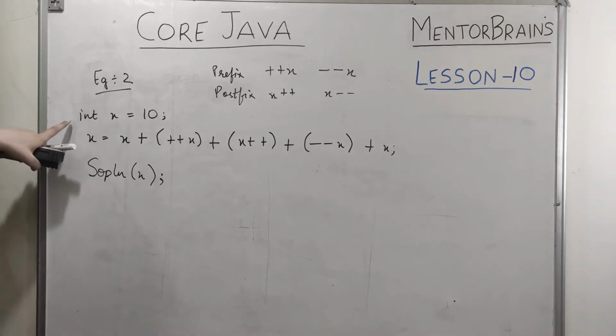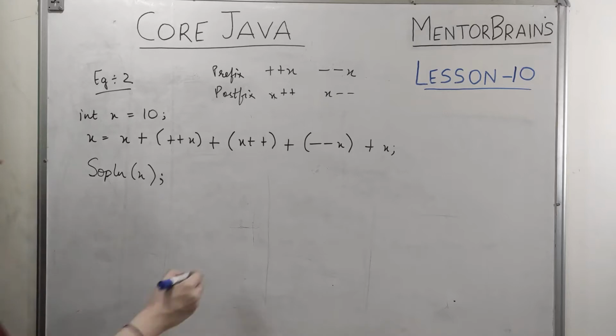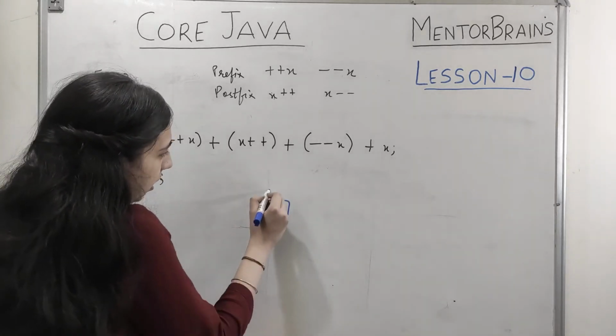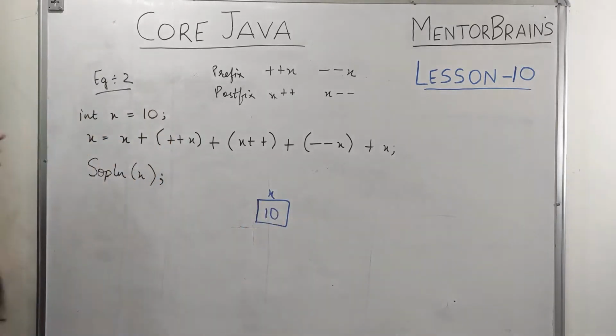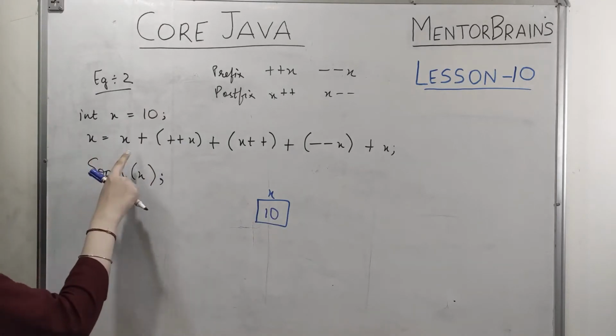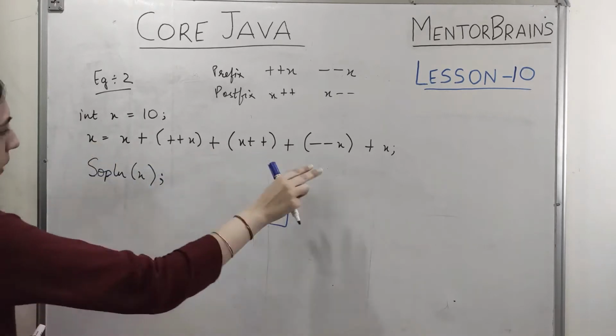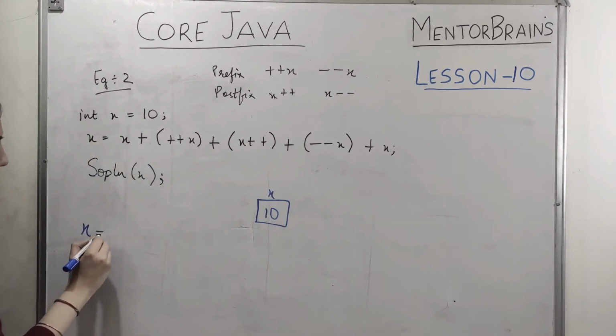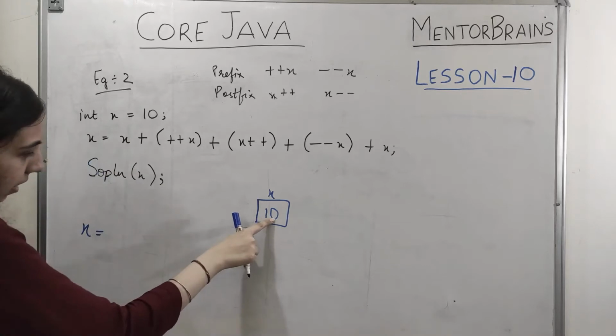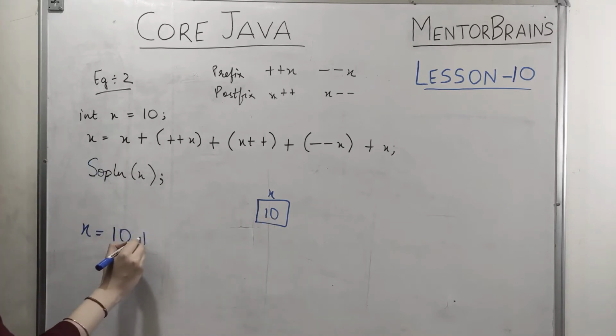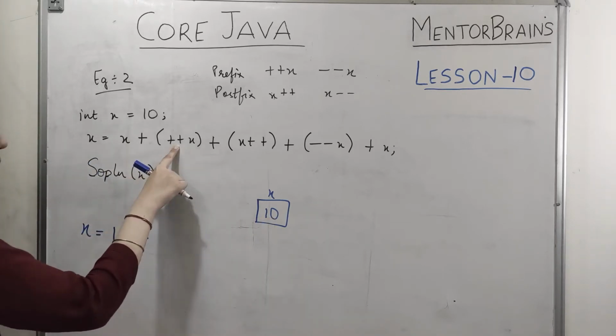So as we come on to this line, a named memory location x will be created with the value of 10 because x equals 10. Now here, x equals x plus, this whole statement will go one by one onto everything. So x is 10, so 10 plus x. Now what is prefix?